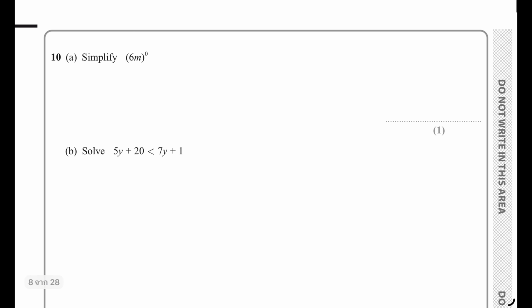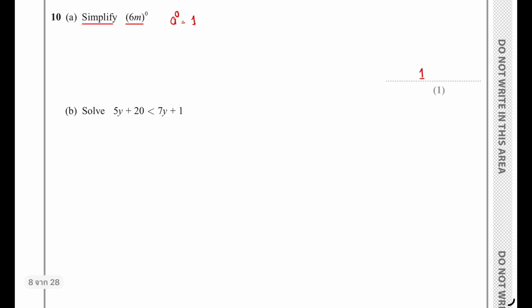Question 10. Simplify 6m into the power of 0. So whenever it is to the power of 0, for example, a into the power of 0, the result equal to 1. So in this case, 1. So 5y plus 20 less than 7y plus 1. So I will move 5y to the right hand side, it becomes minus, and I will move plus 1 to the left hand side, it will become minus as well.